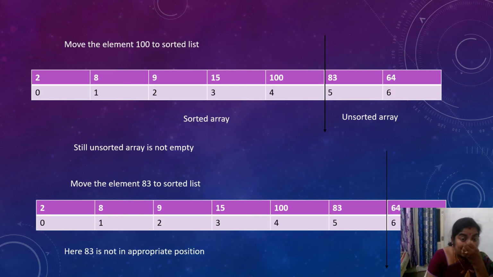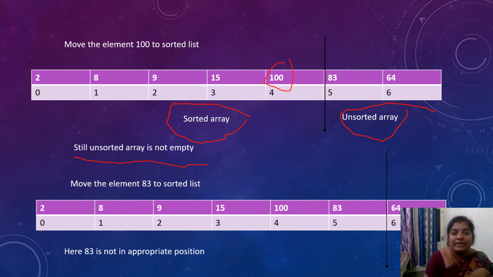What is the next element? 100. So move that 100 to the sorted array and place it in the appropriate position. What is this element? 15. So here 100 is greater than 15. So this is the sorted array and this is the unsorted array. Still the unsorted array is not empty; 2 elements are there.